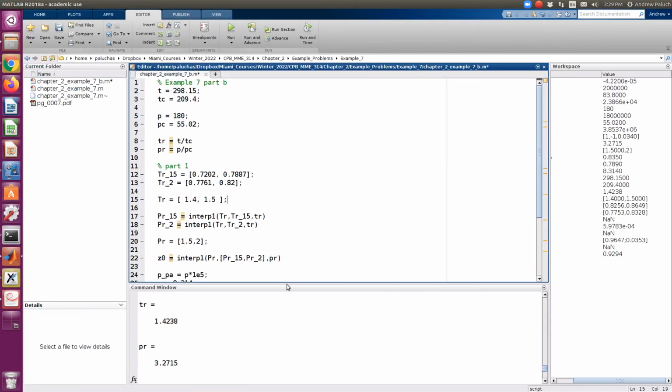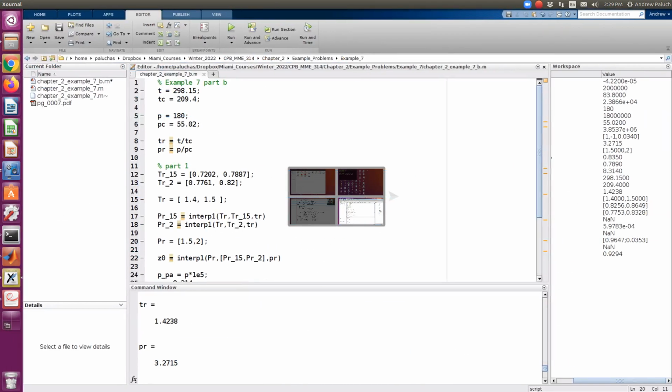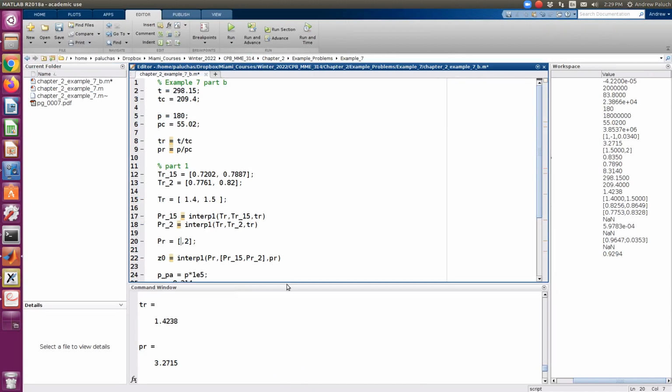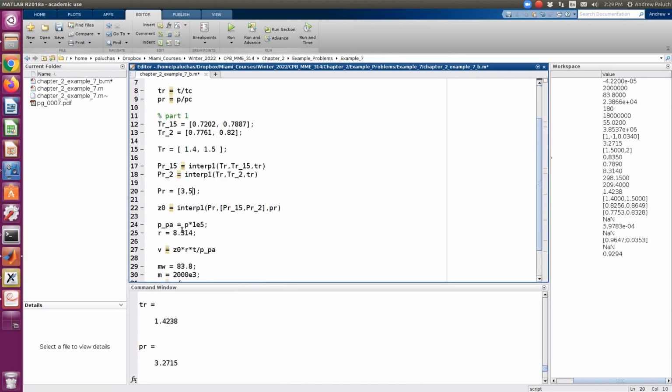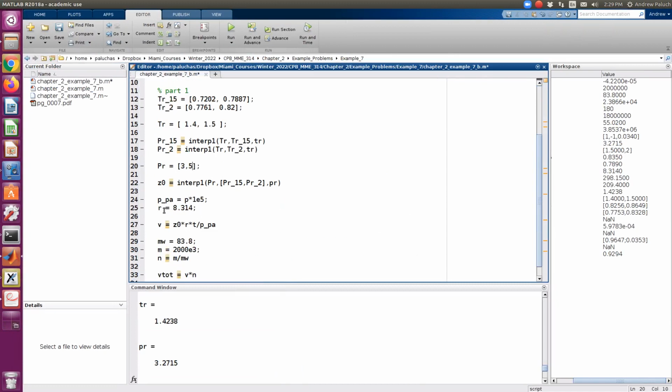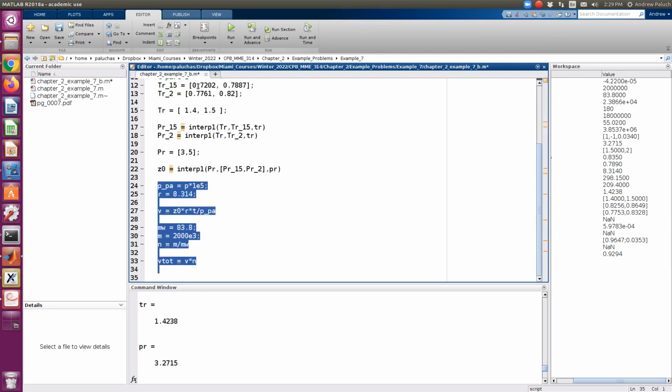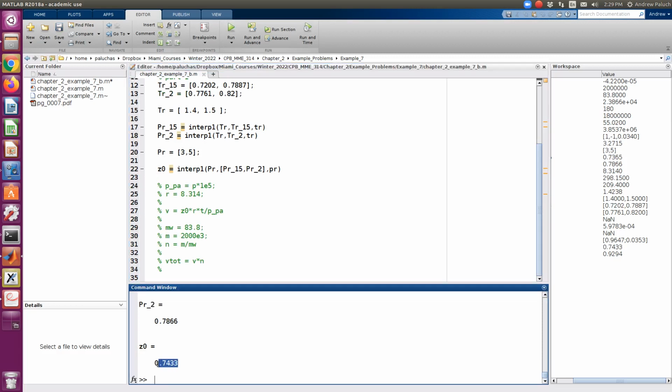There's my two reduced temperatures. So interpolate. And then my reduced pressures now, it's 3 and 5. So let's interpolate there and get Z naught. I get a Z naught of 0.7433.